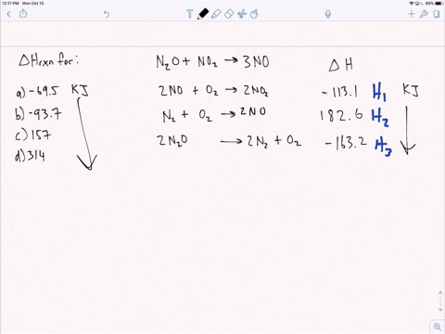I don't know that, but I do know these 3 equations. 2NO plus O2 makes 2NO2. N2 plus O2 makes 2NO. And 2N2O makes 2 nitrogens plus 1 oxygen, O2. So, using those equations, can you figure out the top one's heat of reaction?